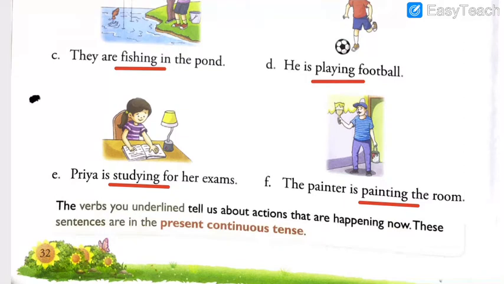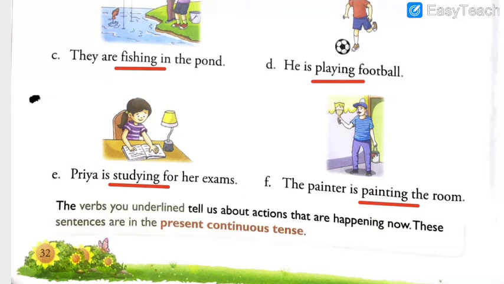Moreover, continuous tense will always be in the ing form. That means we have to always add ing with the action, with the verb. Study is the action. We have added ing, studying. Again fishing, ing, playing, ing, painting, ing. See, this is the common thing.